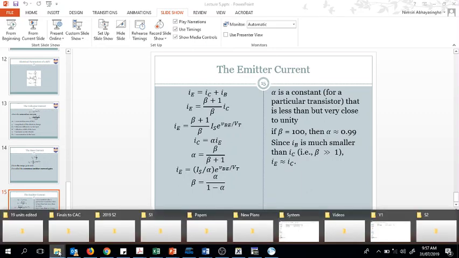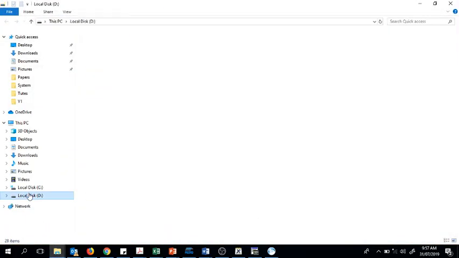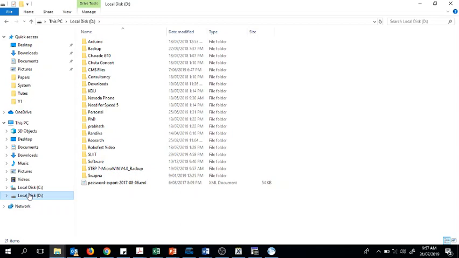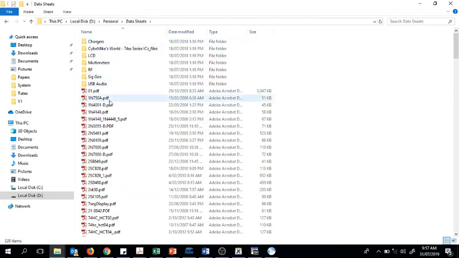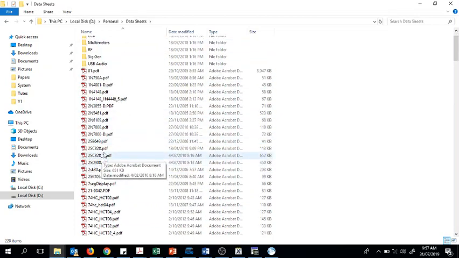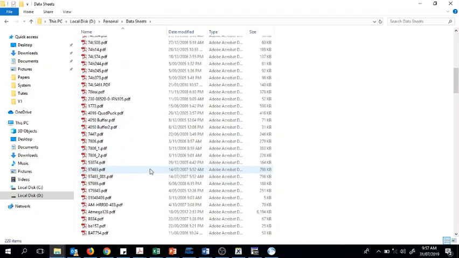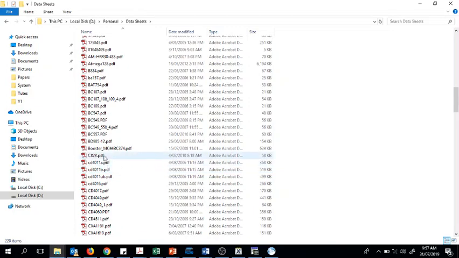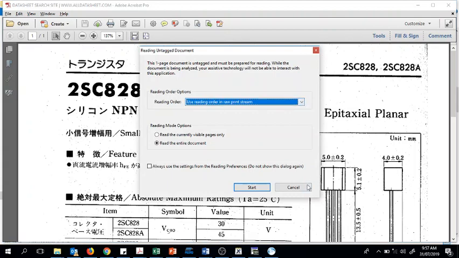Now, where are my data sheets? I don't see them here. Let's take some data sheets. Right, so you have this 2SC828.